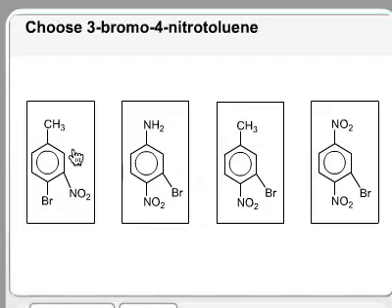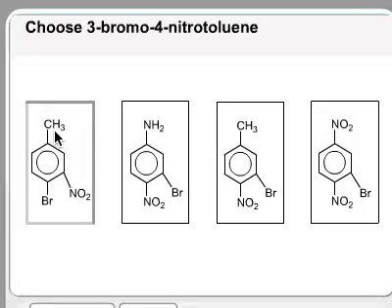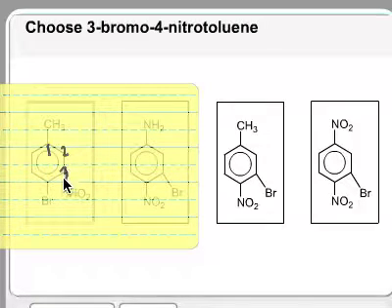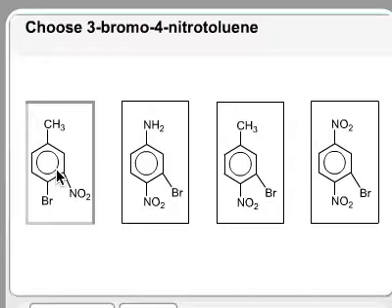3-bromo 4-nitrotoluene. So toluene is the base. So that means that the CH3 group that makes it toluene on a benzene ring has to have position 1. So this is position 1, 2, 3, 4. 3. Nope, that wouldn't work. 1, 2, 3, 4.